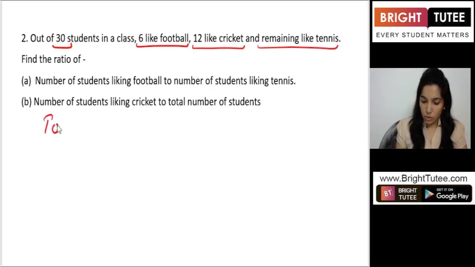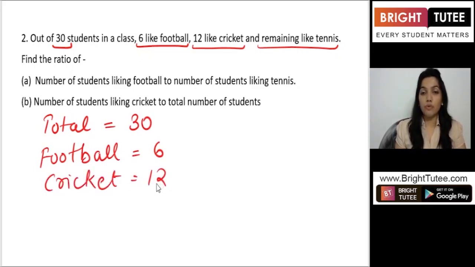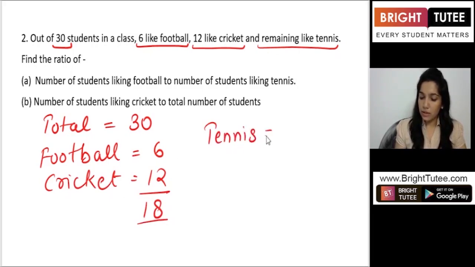Because the total given to us is 30, out of which football is liked by 6 people and cricket is liked by 12. What is the total of football and cricket? It is 18. So what is the number of people who like tennis? We need to take away 18 from 30.